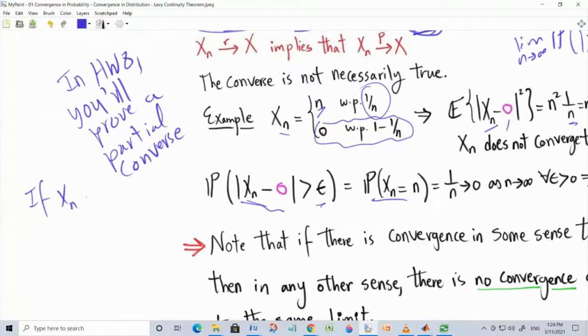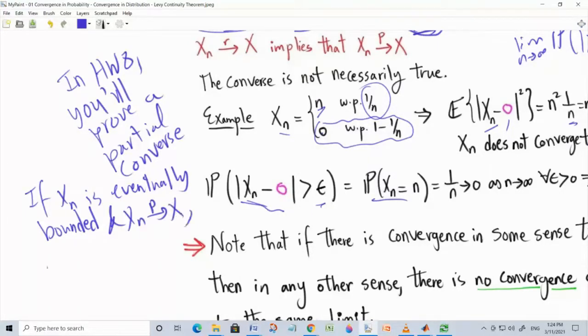If Xn is eventually bounded, and you will see the definition in the homework, and Xn converges in probability to X, then Xn converges in mean square. I think the homework will be at least for the mean square case. So you can come up with situations in which you have convergence in probability and you are sure that you have convergence in, let's say, mean square.